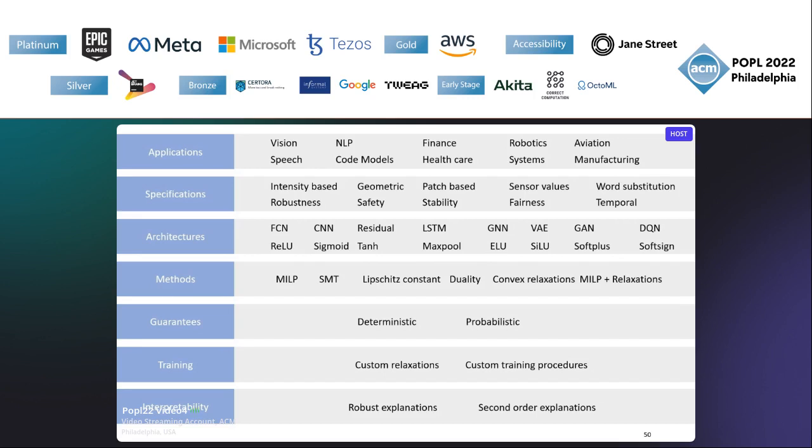And then you can also look into designing custom training procedures. Maybe one of the reasons we are not able to get robust, certified robust and accurate networks might be that it's just not possible to do it with standard stochastic gradient descent. So maybe we need to design more expressive optimization algorithms, right?